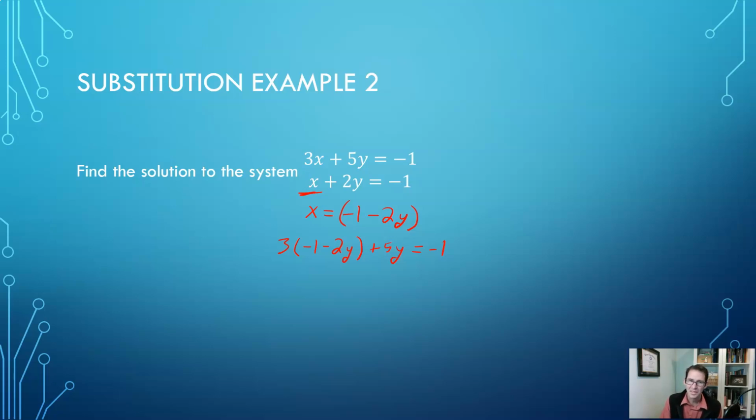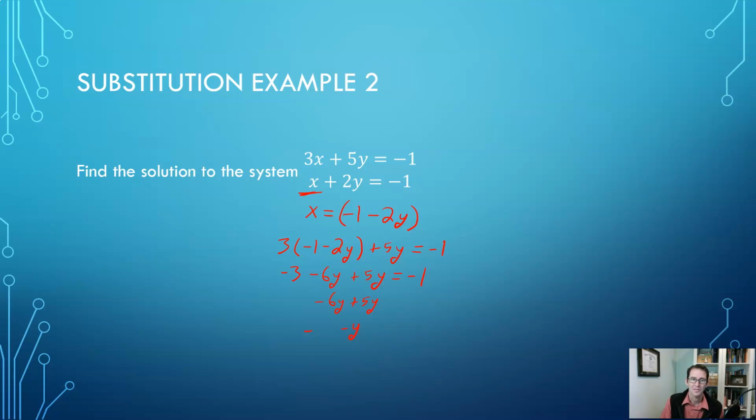So remember, step by step. If you don't show your steps, you're probably going to make a mistake somewhere and not know where you made a mistake. So this is -3 minus 6y plus 5y is equal to -1. Now I'll combine my like terms. So I have a -6y plus 5y gives me a -y.